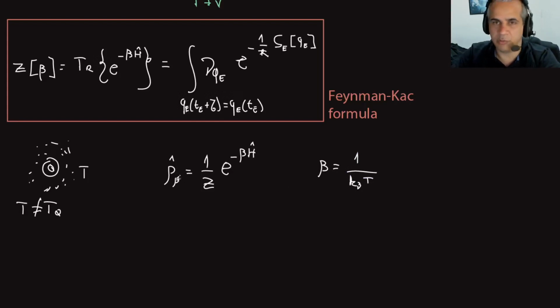And this encodes probabilities, right? In fact, the probability of finding the particle in the state with energy En is given by this, right?